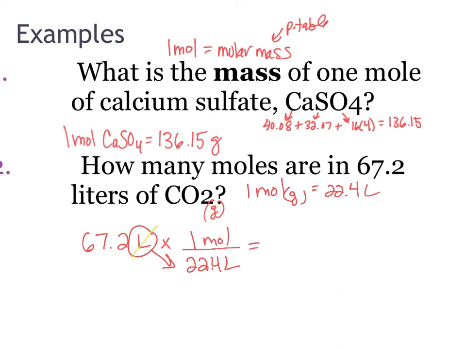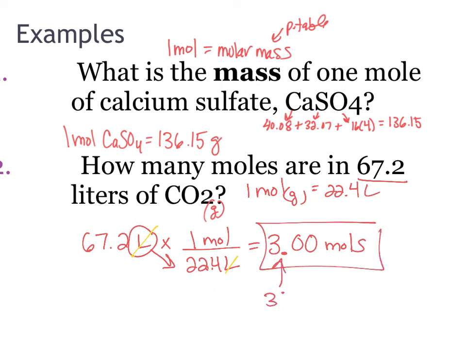Then I do 67.2 times 1 divided by 22.4, and my answer comes out to be 3. But 67.2 has 3 sig figs, so I need to do 3.00. So my answer has 3 sig figs, and that is moles.